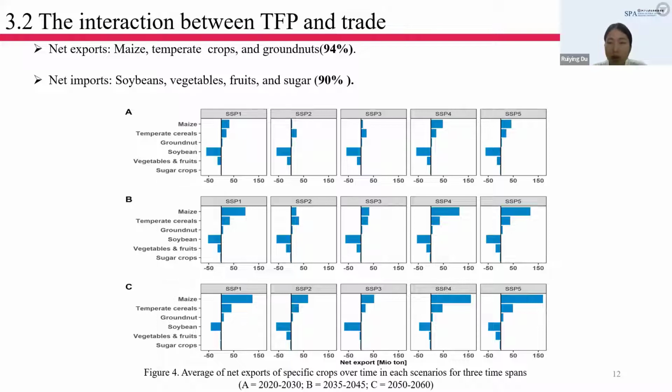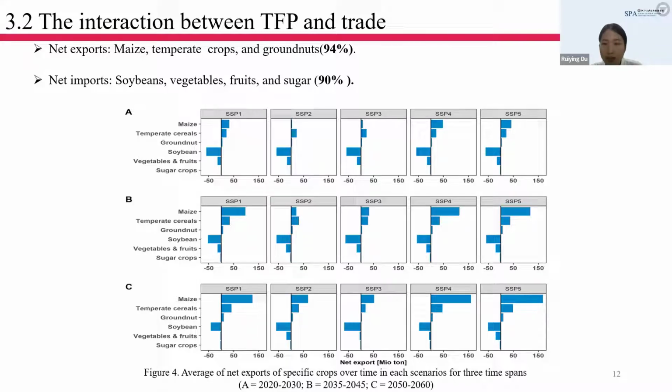The scenarios of SSP1, SSP4, and SSP5 with higher TFP growth rates would have more net exports than SSP2 and SSP3 in the 3 time spans. And the net exports have increased over time.